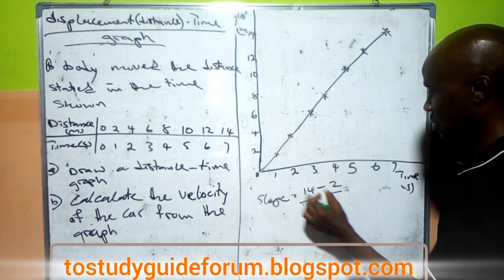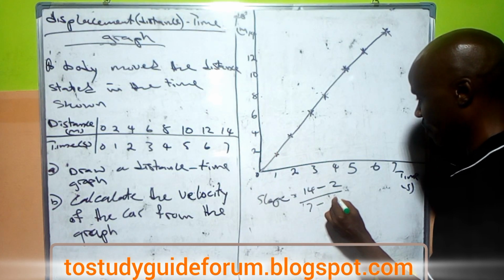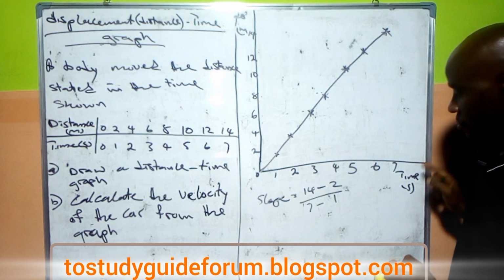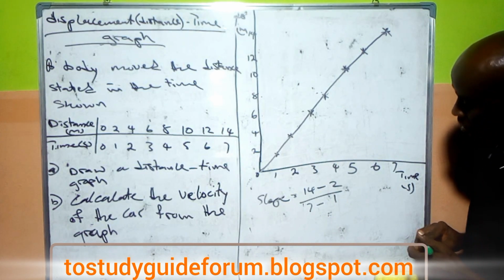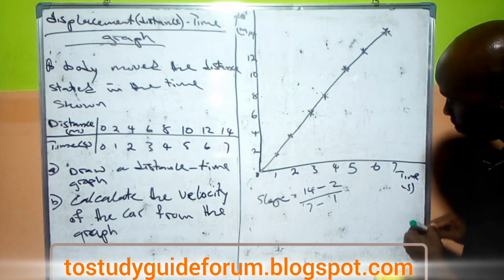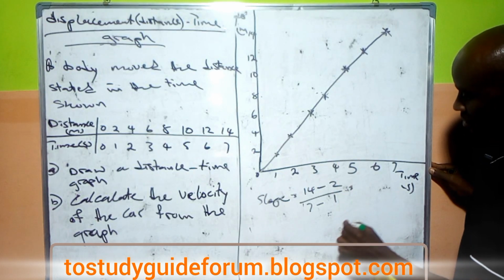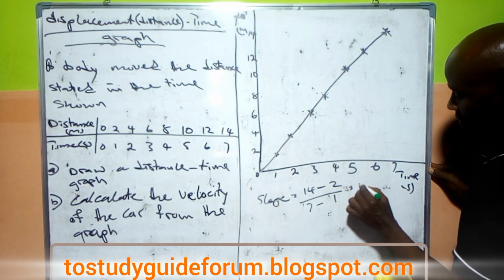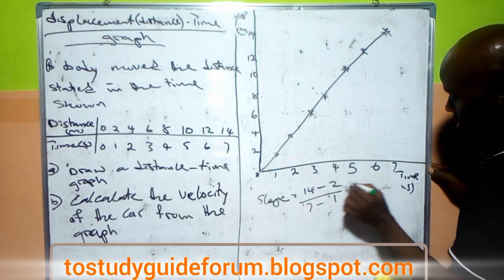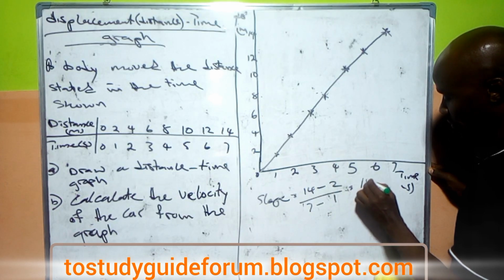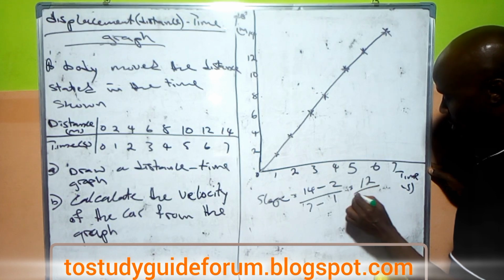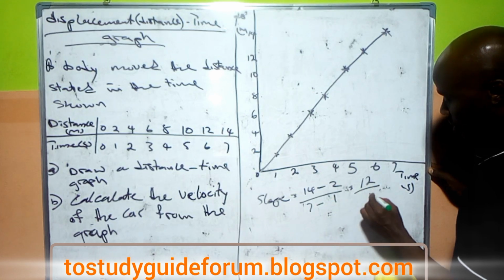You can take this one because we have 1 here. We have 1 there. So what next are we going to be doing here? We subtract. When we subtract, we have 14 minus 2, we have 12. I hope I'm correct. 7 minus 1, we have 6.